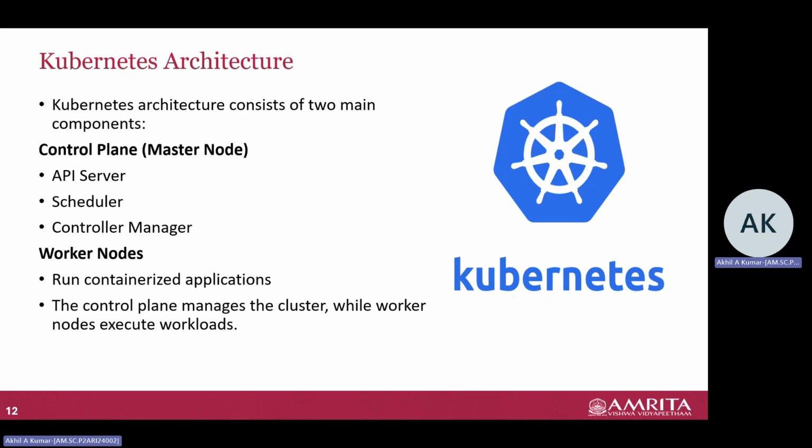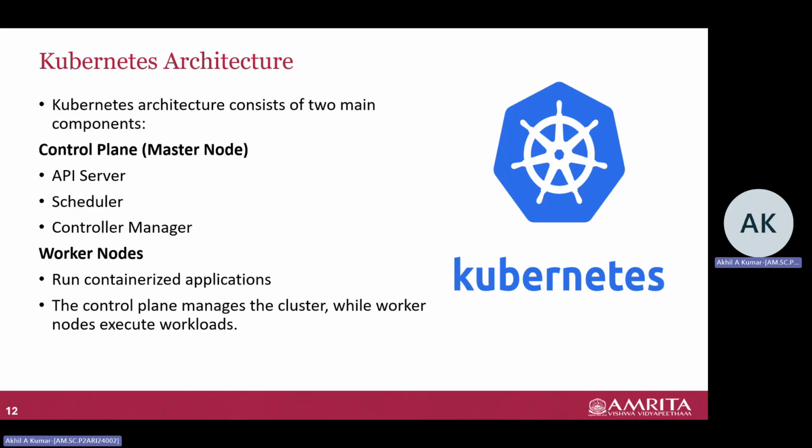Suppose a container has failed, Kubernetes will automatically restart or replace it. First it will try to restart the container. If that doesn't work, it will replace it with another node. So this property is called self-healing.